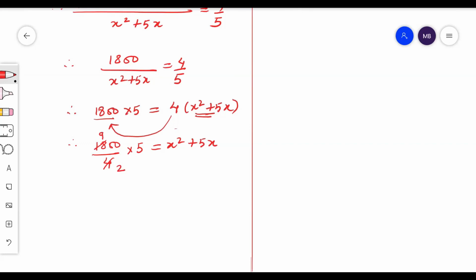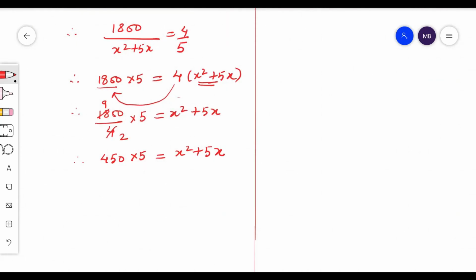That is 450 into 5 equal to x square plus 5x. 450 into 5 is 2250. So 2250 equal to x square plus 5x.